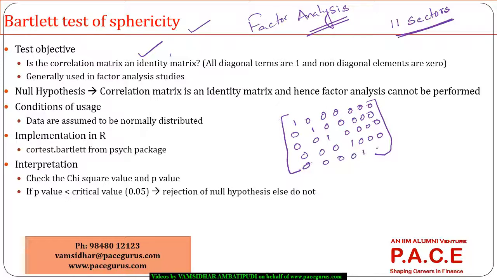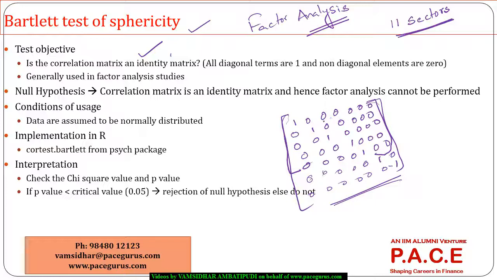Now, this test is trying to find out whether the correlation matrix between the various variables that we are considering is an identity matrix or not. If it is something like this, it is identity. In some cases, it may be very close to this. In some cases, it may be very much away from this.